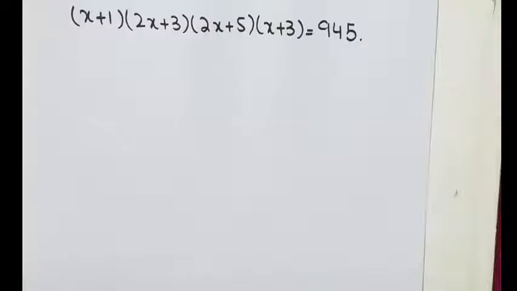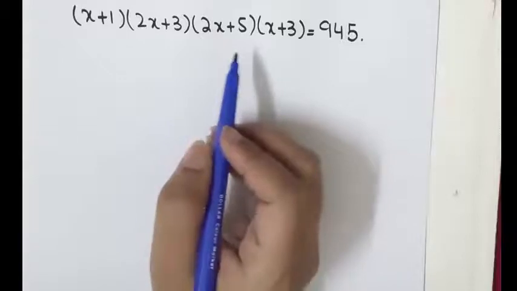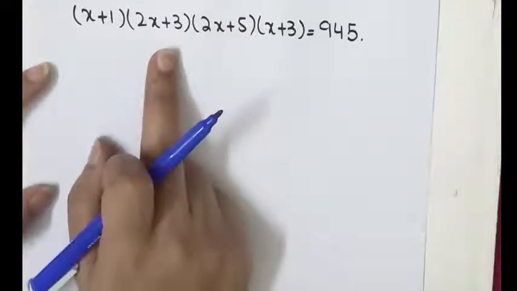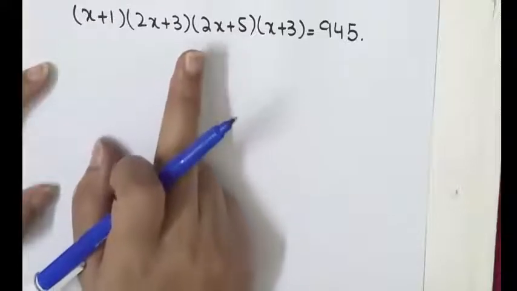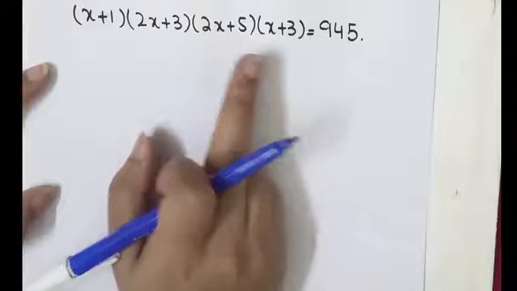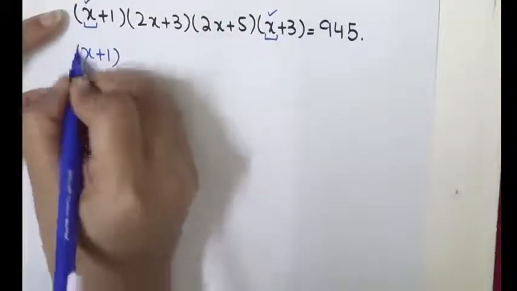Now we have (x + 1)(2x + 3)(2x + 5)(x + 3) = 945. So, making the coefficient of x in the second and third factors unity, we have: we will write x + 1.